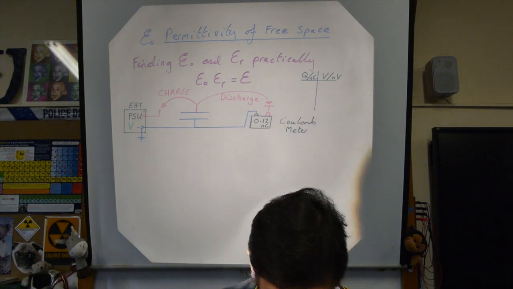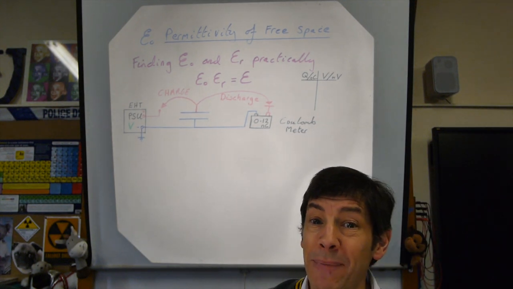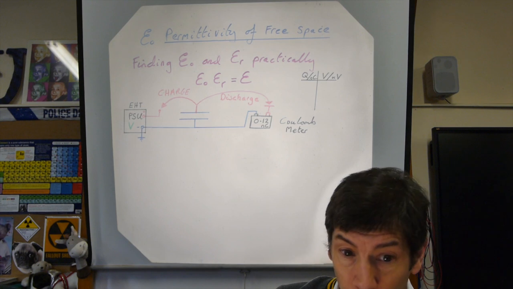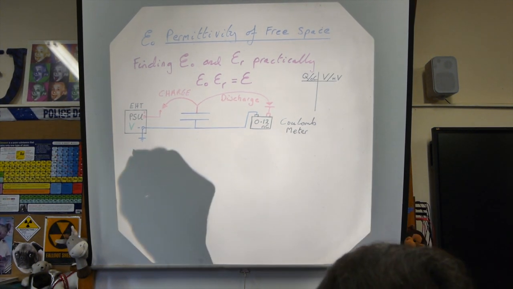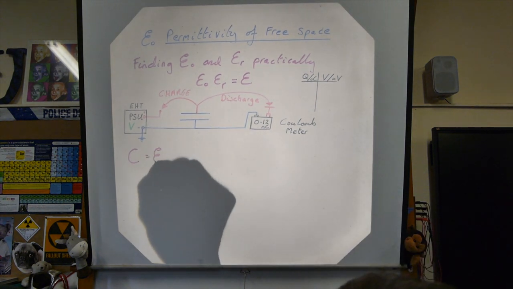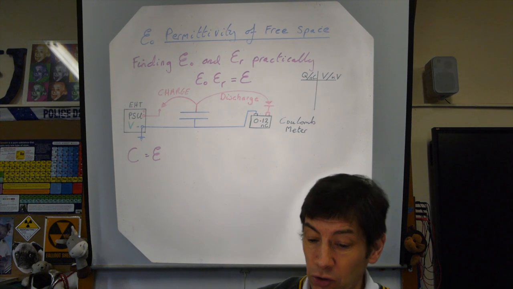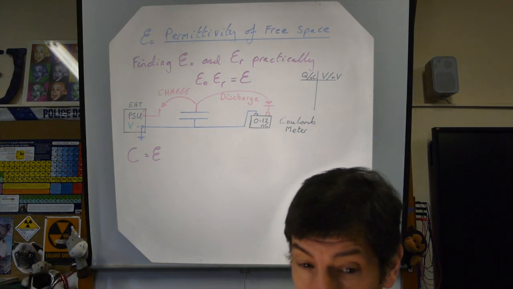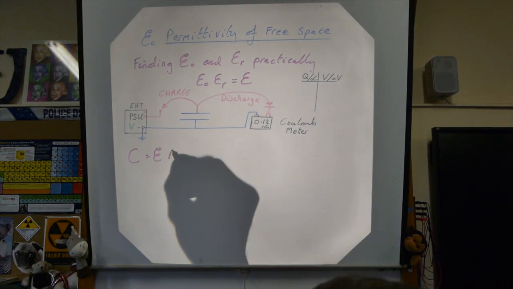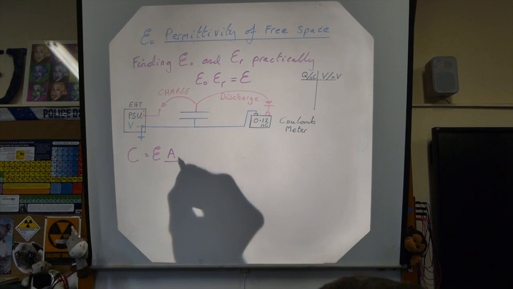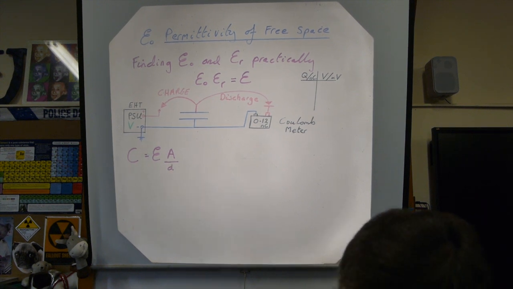Okay, so let's look at this a little bit more mathematically. So what do we know about capacitors? Well, you might remember that the formula for capacitance is epsilon, and that's typically epsilon naught, though it could be epsilon naught multiplied by epsilon r, A, the surface area of one of the plates, divided by the separation between them.